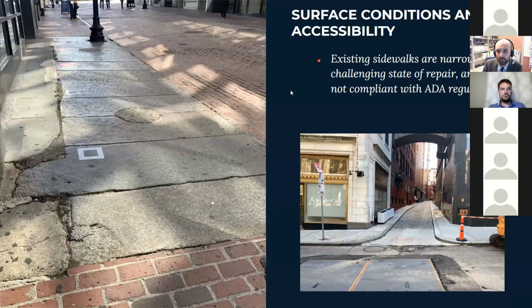While we're talking about walking, I think it's also important to talk about surface condition and accessibility. We recognize that a lot of the existing sidewalks are narrow and they are often in a challenging state of repair. It's a very nice way of putting it. And often, they're not compliant with ADA regulations, meaning they're not accessible for people who need to use a wheelchair or another mobility device.